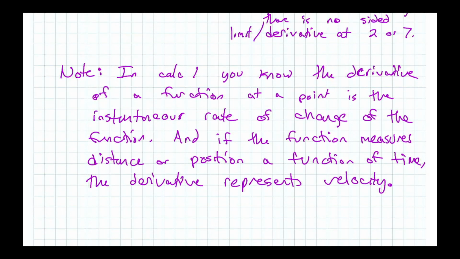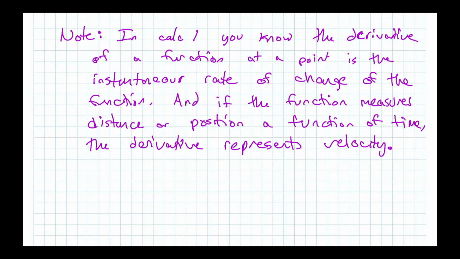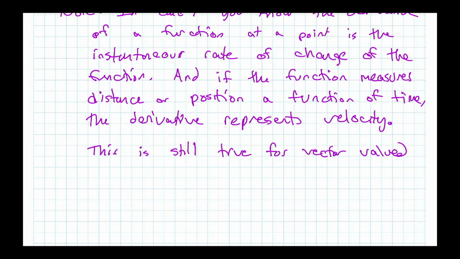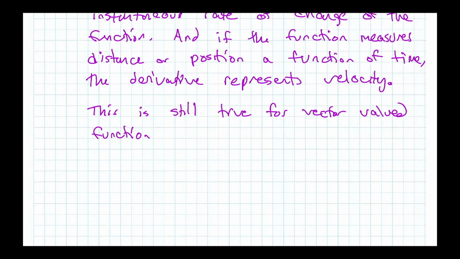Right? So that's something that you know, and it's still true, okay? This is still true for vector valued functions. So you can still interpret the derivative of a position as being a velocity.